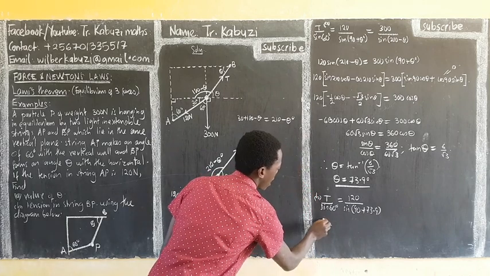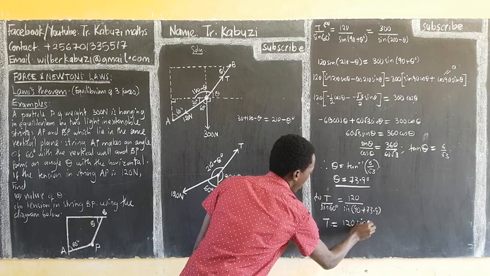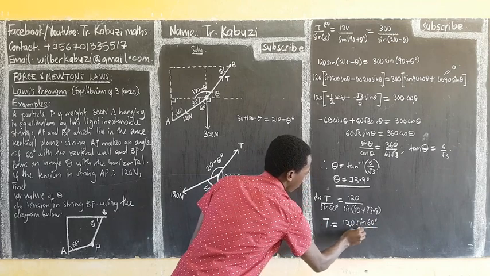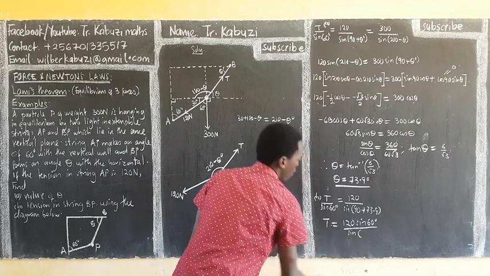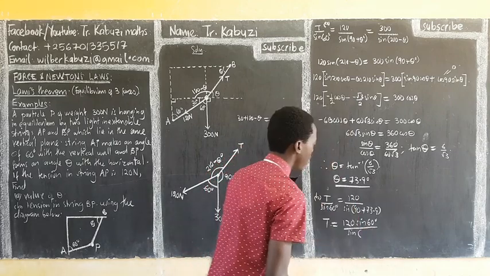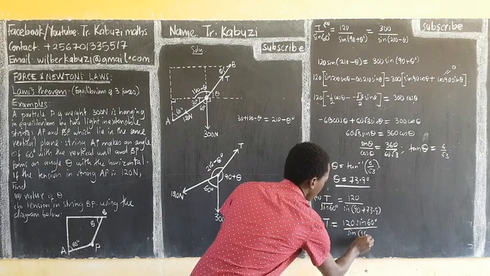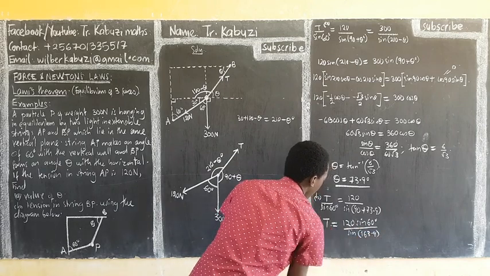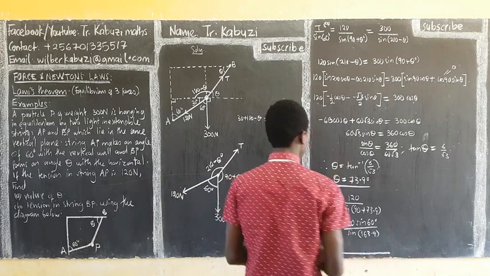So from there, our T will be equal to 120 sine 60 degrees, the whole over sine of, when we add that, 163.9.